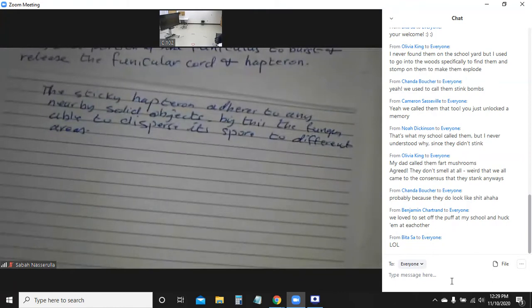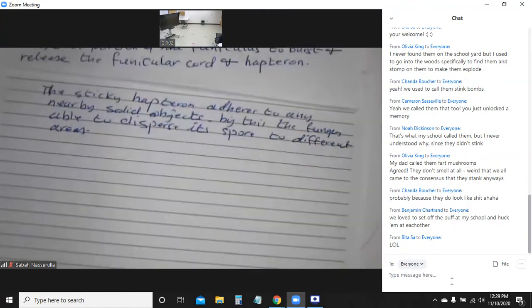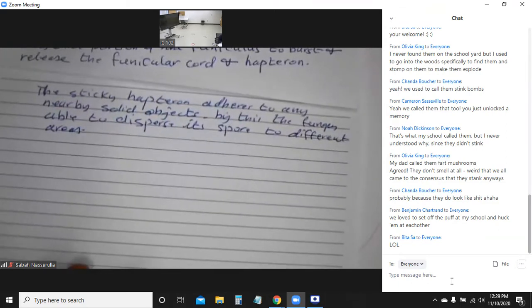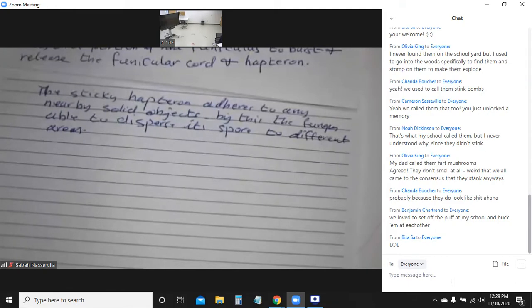So basically, this is the way this organism or this fungus is able to disperse. You follow that? So by this, basically, I will finish the example.